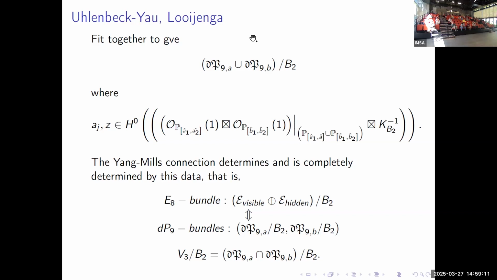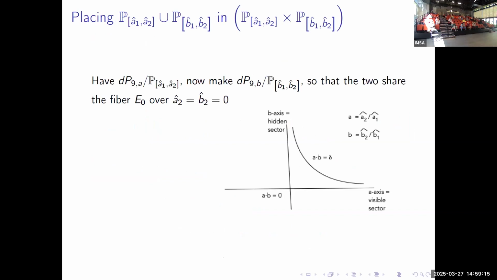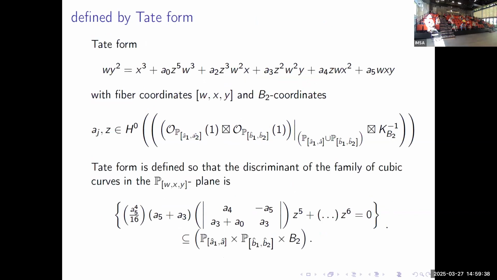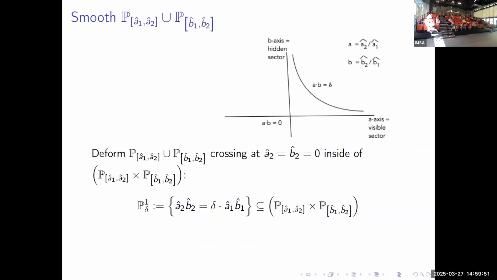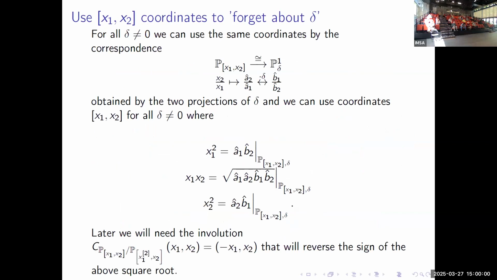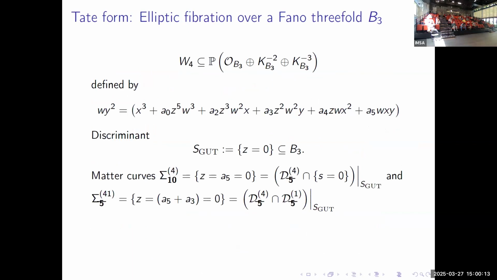And then we simply deform that A-axis P1 that we had before, the 2 copies, into a single P1, and there's the discriminant of the family of cubics, and we smooth, and we forget about the deformation parameter because we could make an x1 and an x2 that'll work restricted to any of those P1s, and so forth and so forth.